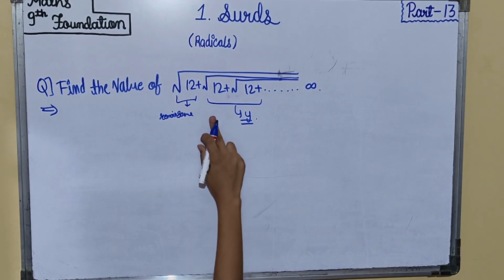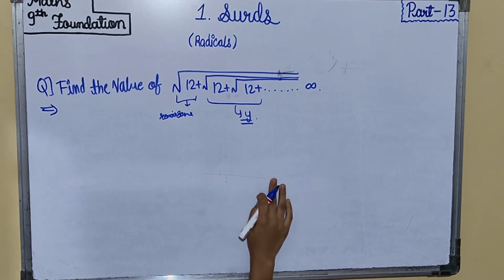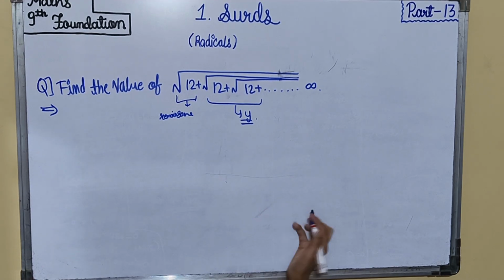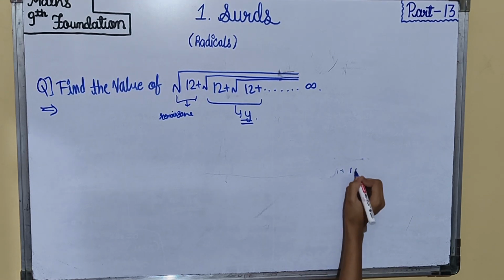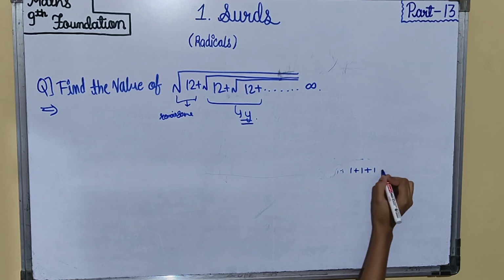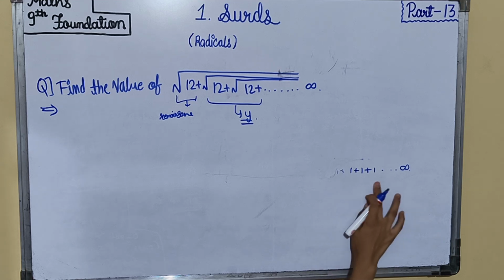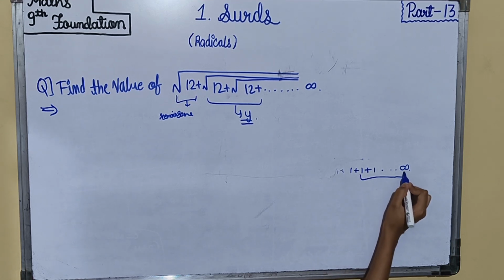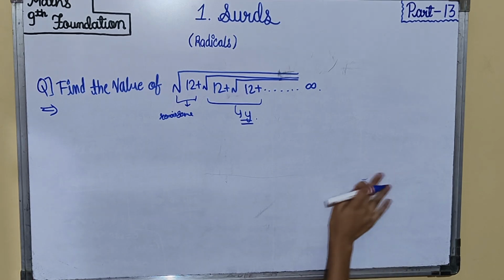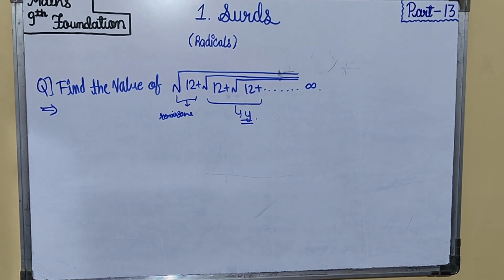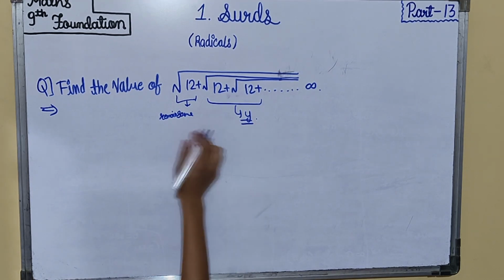Assume the number after the first 12 plus as y, because if there is 1 plus 1 plus 1 till infinity, we can't add it till infinity, so we can assume it like y or any variable because we'll never get its final value.